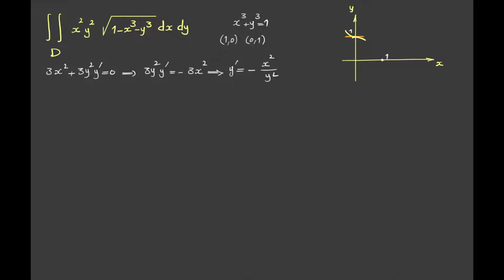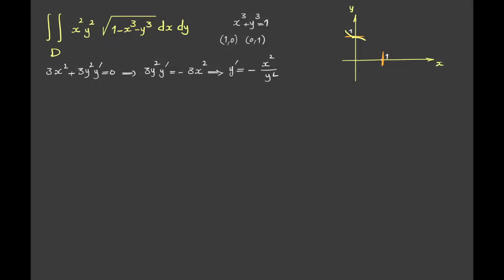Something like that. But then if I put the coordinates of that other point, which is 1 and 0, here, instead of x I put 1, instead of y I put 0, then you see that y prime is not defined, or it is infinity. So this means that I have a vertical tangent line at this point. And everything now becomes clear, because you are supposed to have a smooth curve starting from here in this form, and it is supposed to end here in this form.